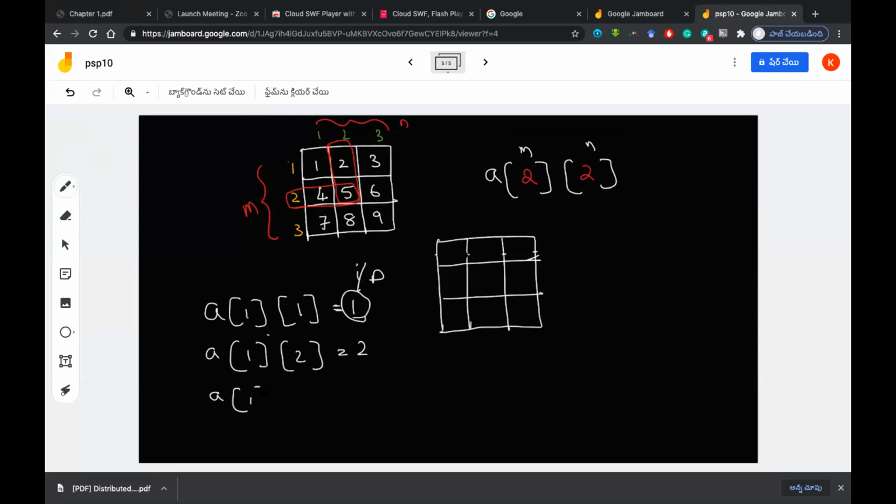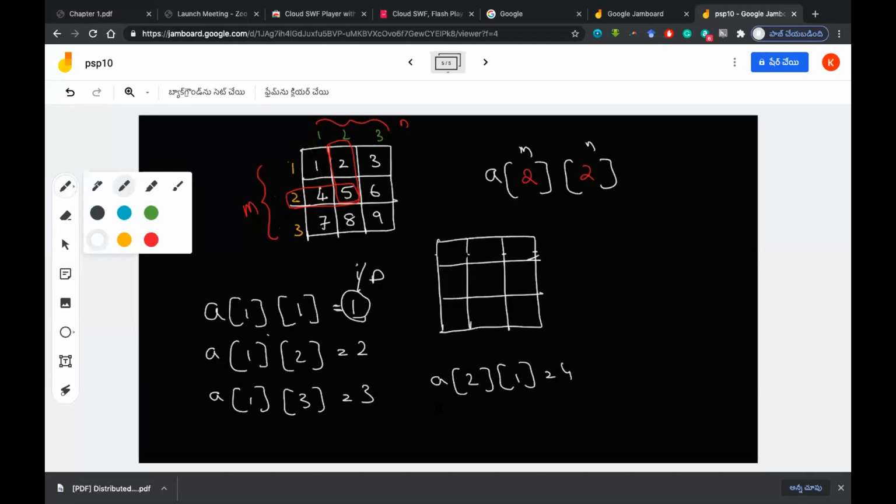A of 1, 3 is equal to 3. Next, a of 2, 1 is equal to 4. That's what, right? So the combination of 2, 1 is 4. I hope you are understanding the combination of 2, 1 is 4. That's why I'm writing 2, 1.